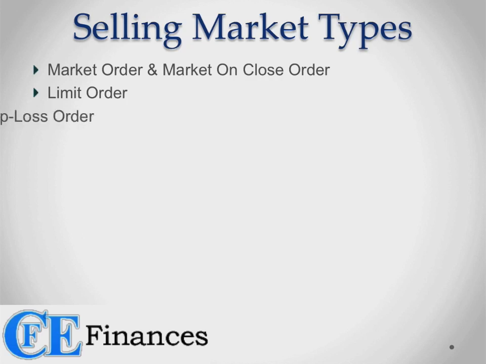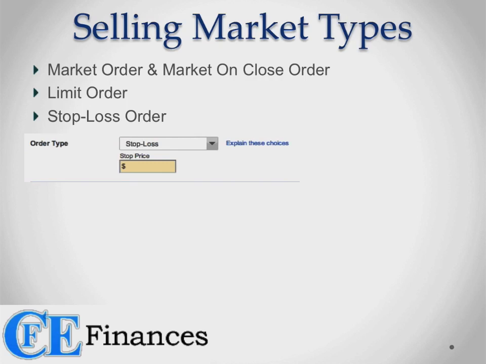A stop loss allows you to protect your investment by placing an order to sell at a specific price below the current price of the stock. So if there is speculation that your stock may be at its high at $40, you can place a stop order at $38 so that once the stock begins to drop, it will still sell at a decent price.